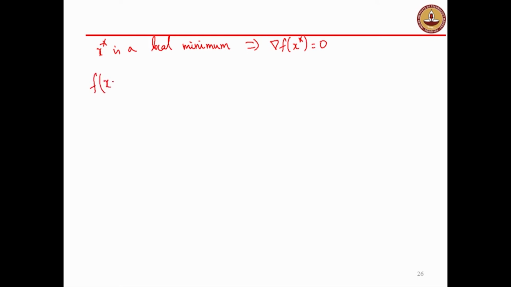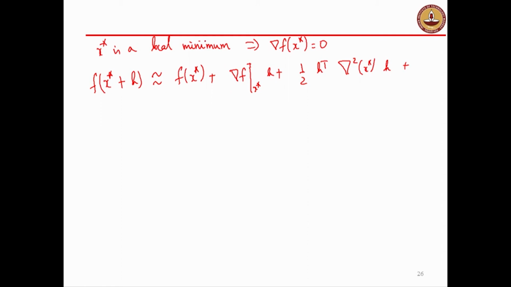So f of x star plus h is approximately equal to f of x star plus the gradient of f evaluated at x star times h, plus half h transpose times the Hessian evaluated at x star times h, plus higher order terms. Right?